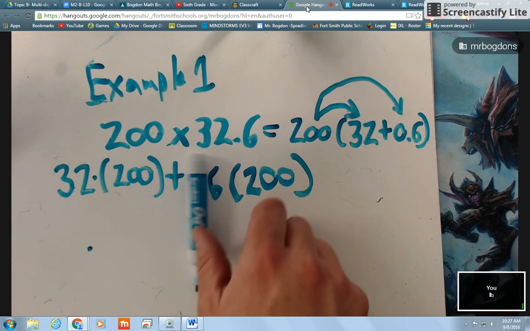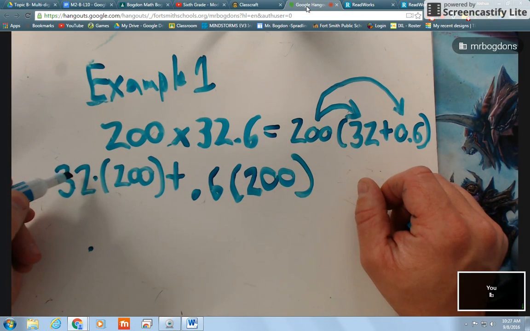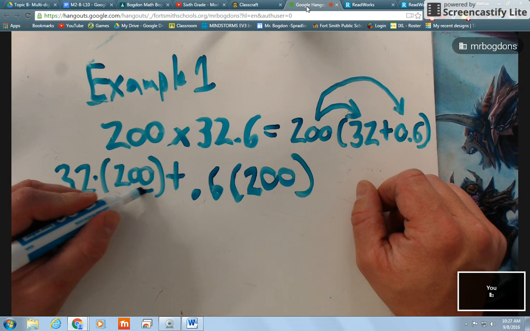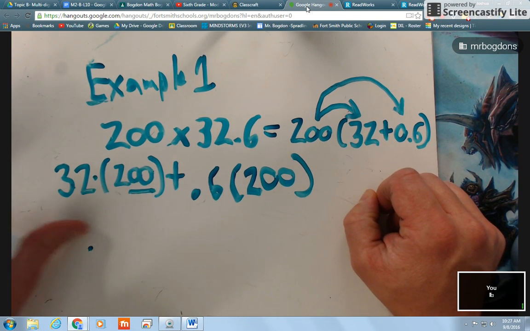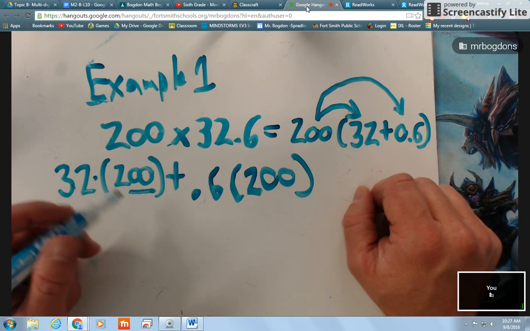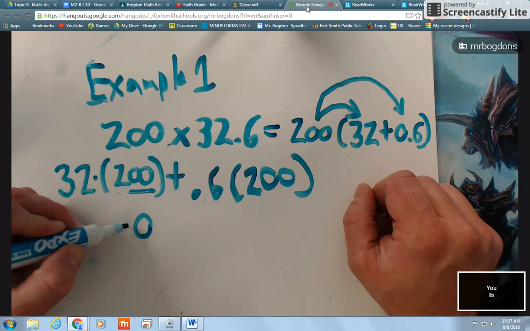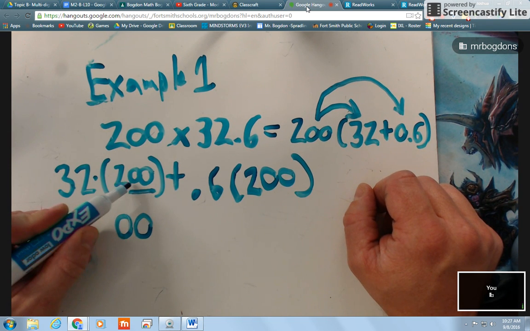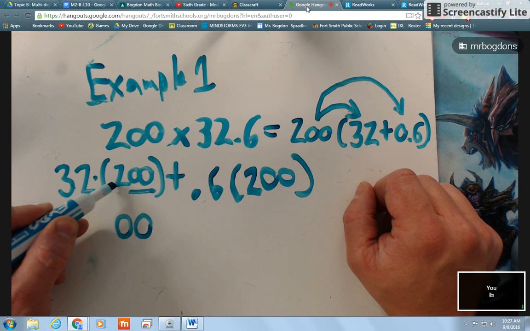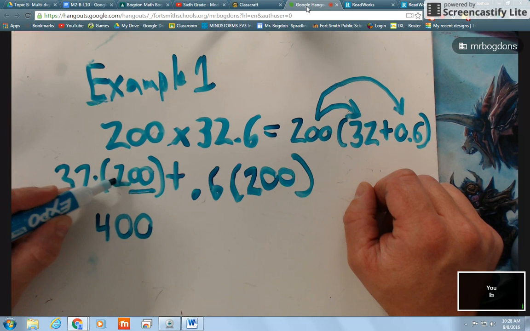Now I have to multiply 32 times 200. Now I know, using my toolbox here, that whenever I have a number and there's just a bunch of zeros at the end and I'm multiplying, is there anything stopping me from just writing down my zeros? How many zeros do I have? 2. So now what is 2 times 2? What is 2 times 3?